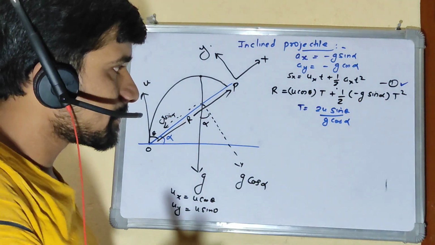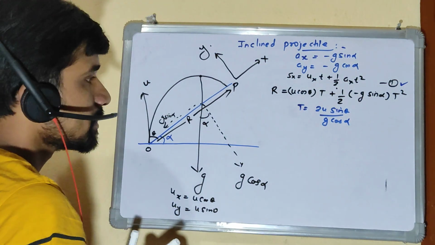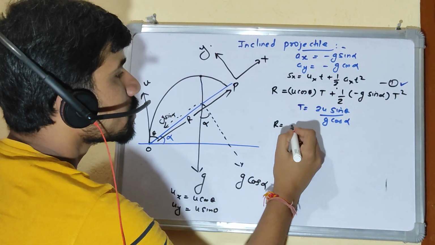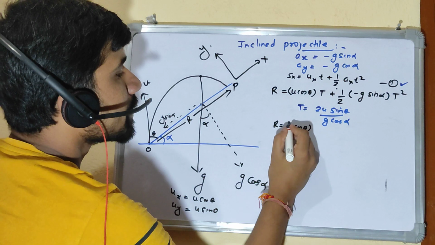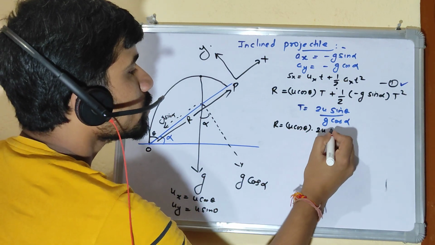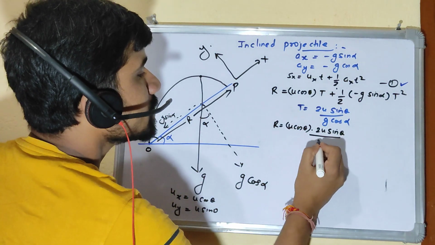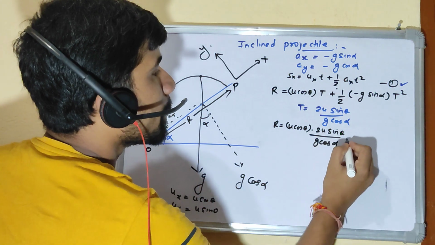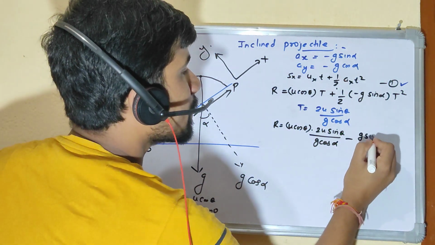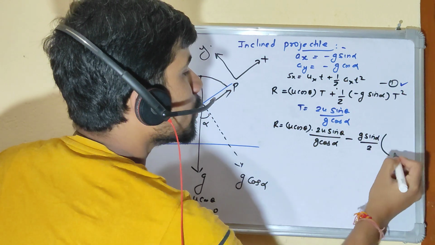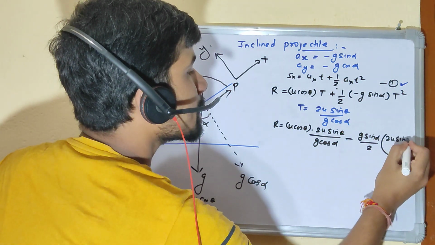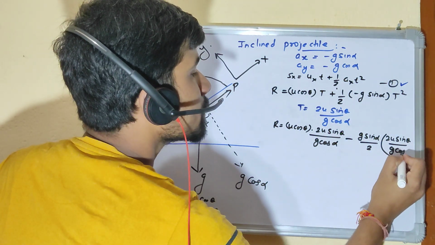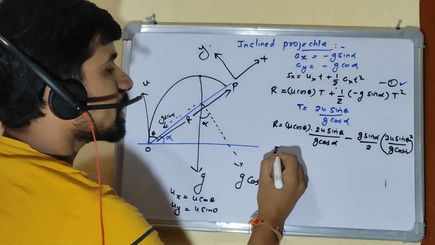Let's put this time of flight here. So range becomes u cos theta into 2u sine theta by g cos alpha minus g sine alpha by 2 into 2u sine theta by g cos alpha square, right?